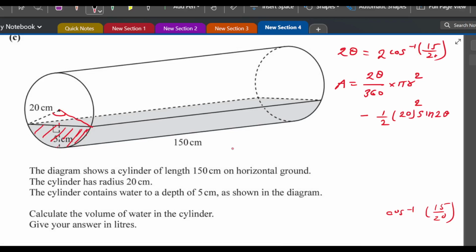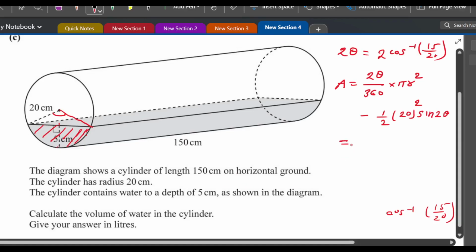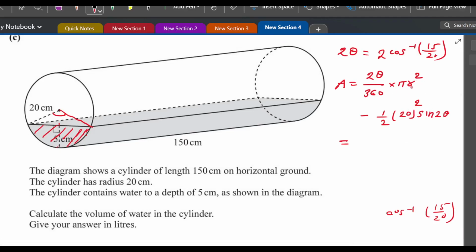Yes. Okay. So use your calculator and find out. Is anything common? R square is common, but no need.